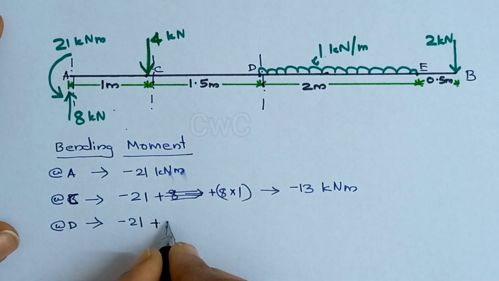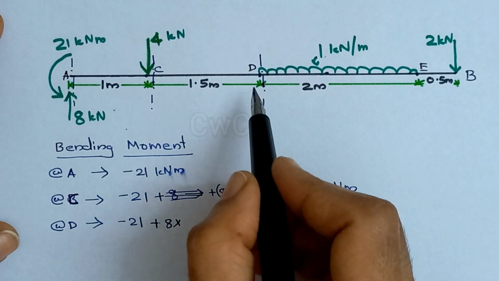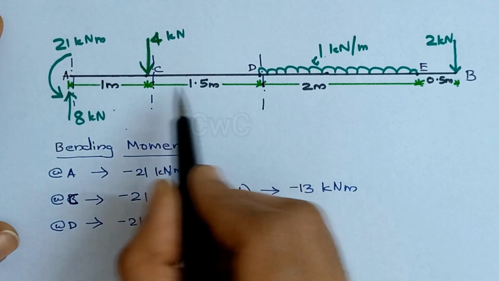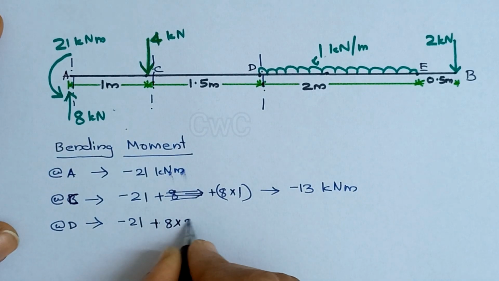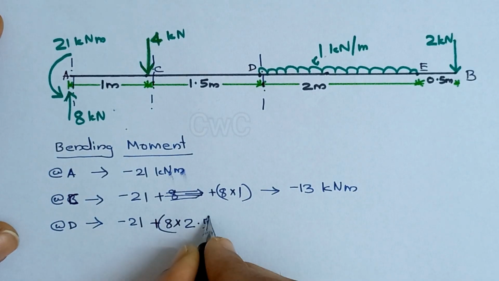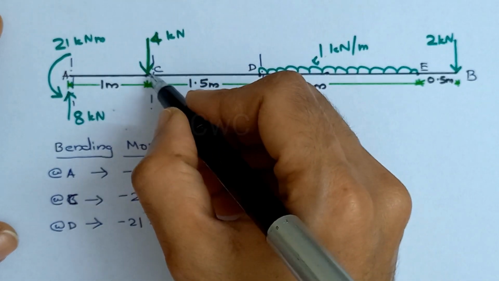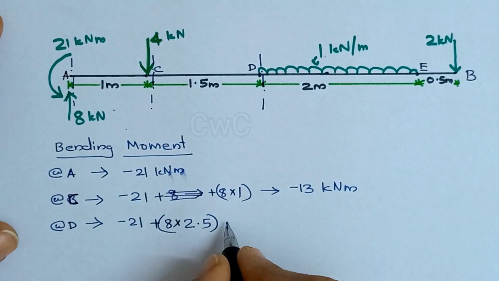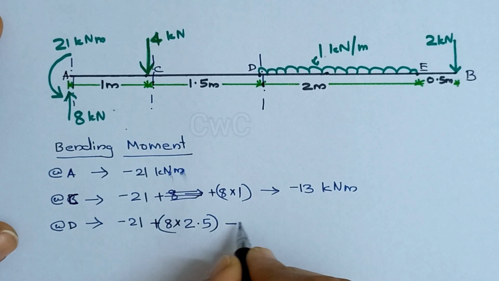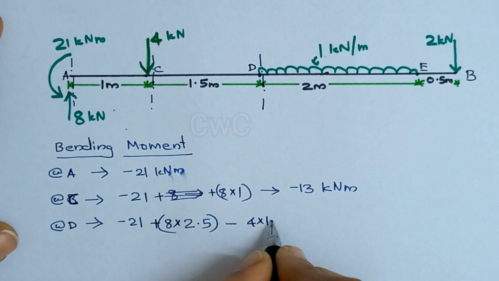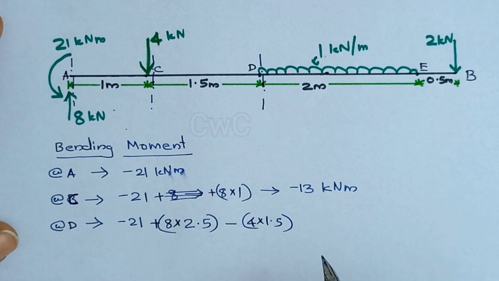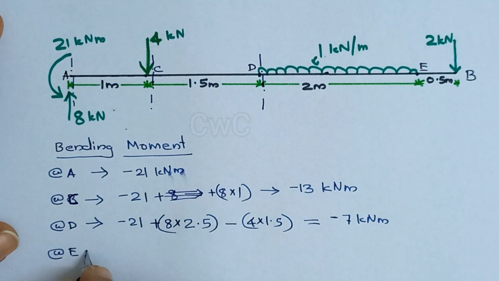So plus 8 into the distance of this force from this section, which is 1 plus 1.5, that is 2.5. And this is a downward force at the left of the section which gives a hogging effect. So we can take it as negative, minus 4 into 1.5. So we will get minus 7 kilonewton meter.